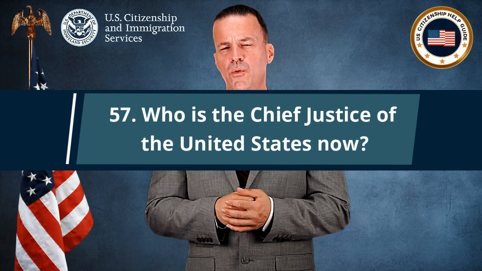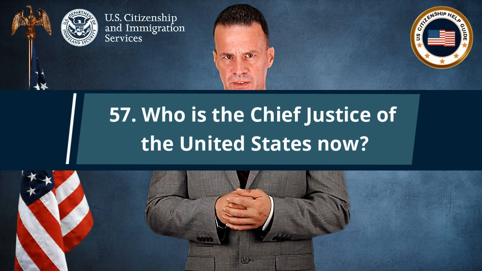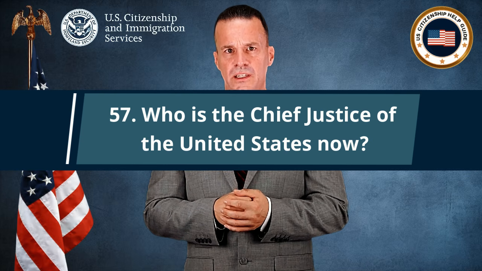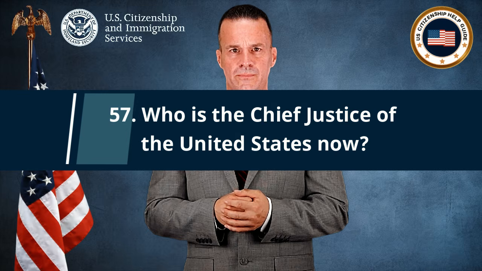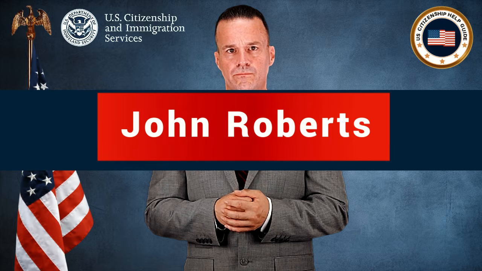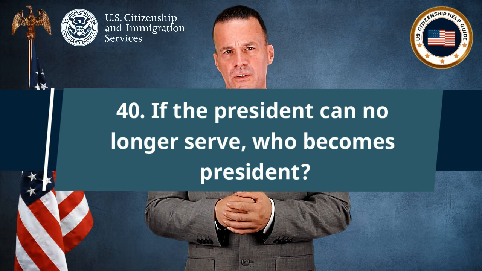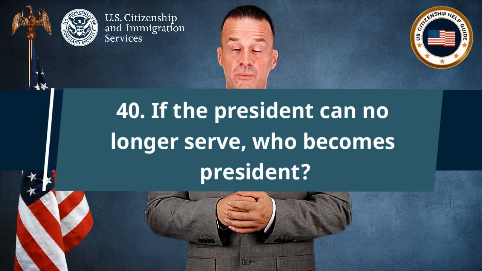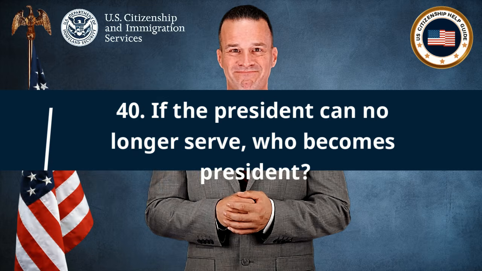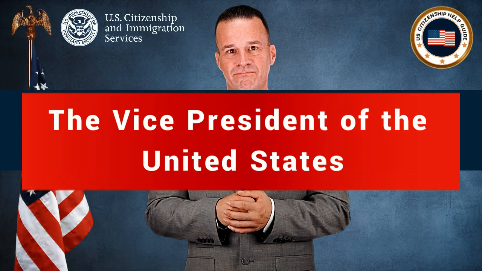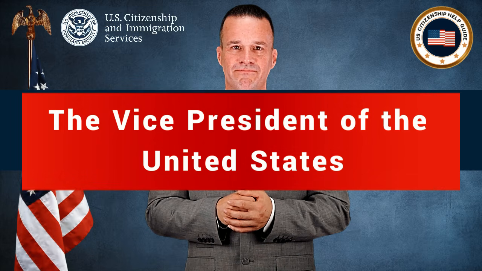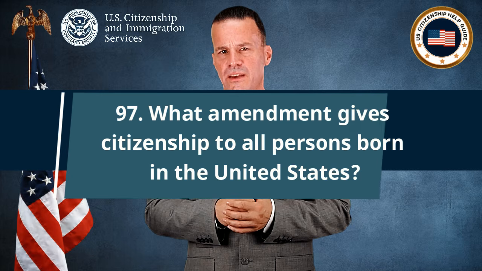57. Who is the Chief Justice of the United States now? John Roberts. 40. If the President can no longer serve, who becomes President? The Vice President of the United States. 97.